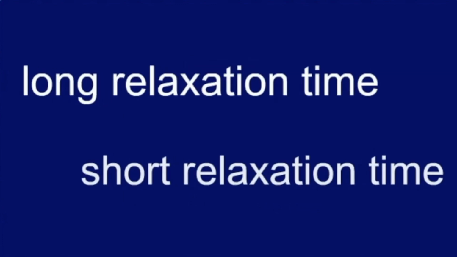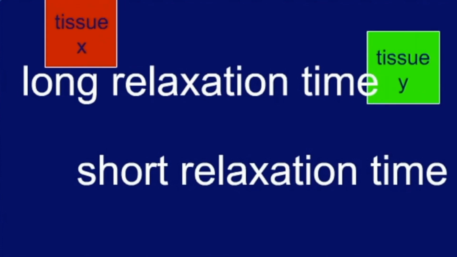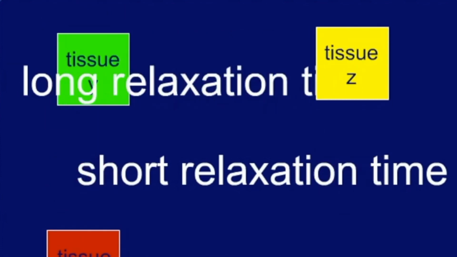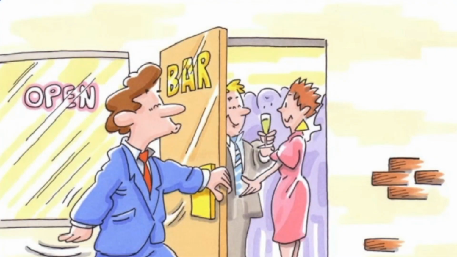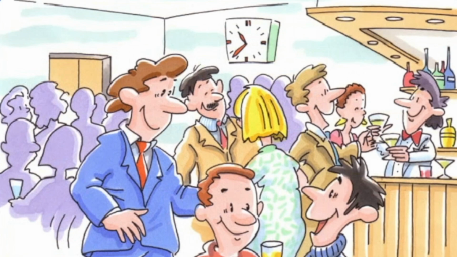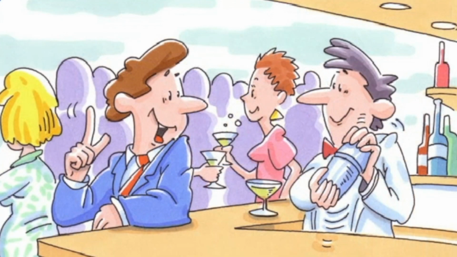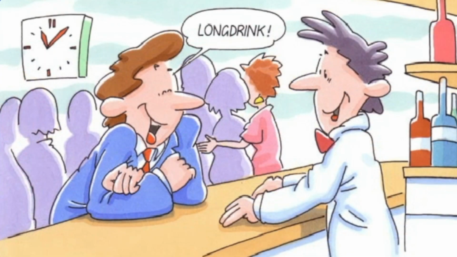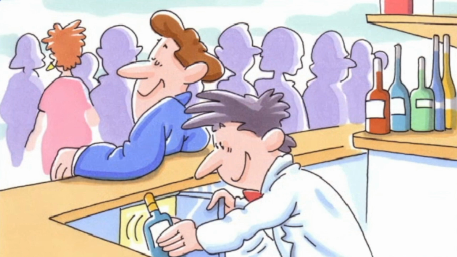What is a long, what is a short relaxation time, and which tissues have long or short relaxation times? When you go to your favorite bar, which is naturally crowded, as it's a popular place, and order a long drink, representing water, you have to wait quite a while to get your drink.